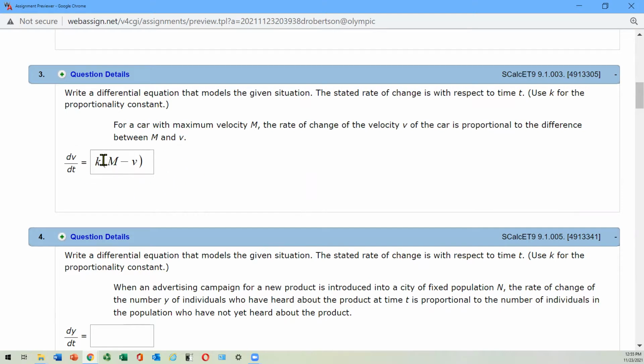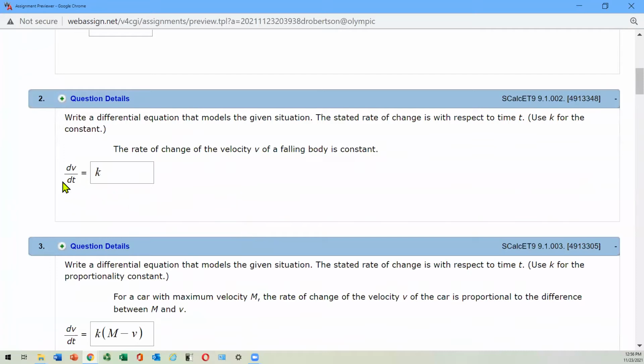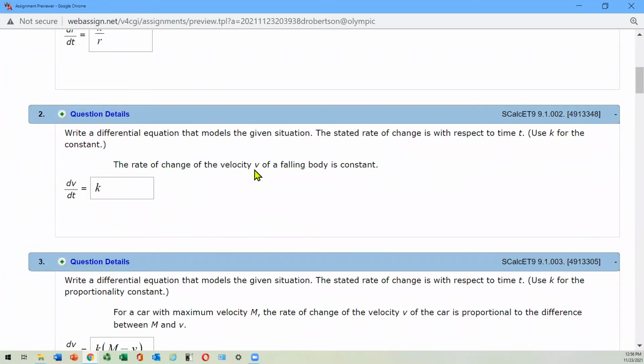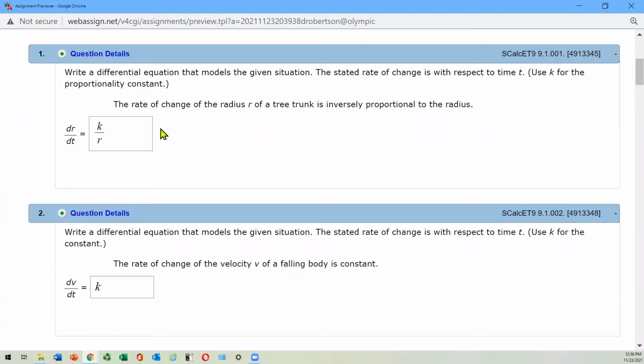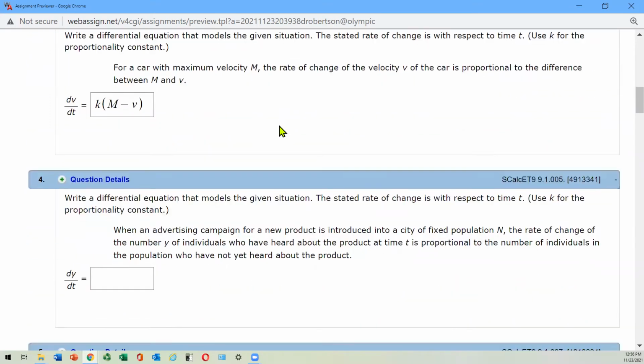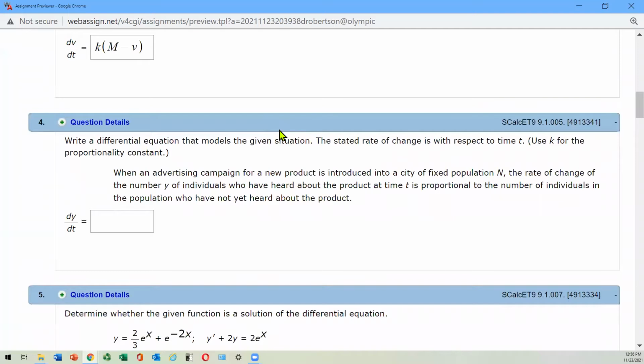If you supply me some values, especially for K and M, we can then solve this differential equation and create a formula for the velocity at any time t, or what the radius of this tree trunk would be at any given point in time. So let's have a look at the fourth and last one of this type.